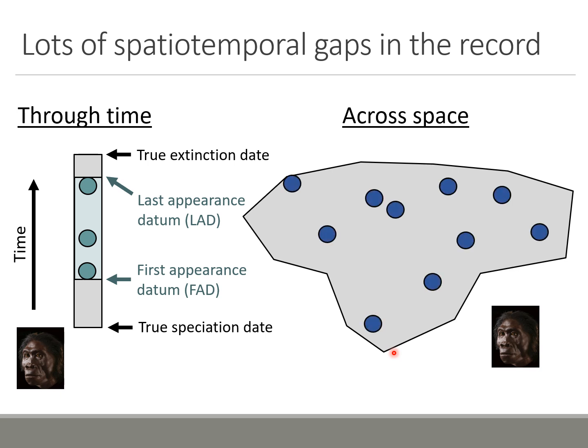But, again, the darts at the dartboard, because the fossilization and recovery process is not 100%, we only have smatterings of individuals at certain areas who get preserved as fossils and recovered, such that the observed geographic range is always smaller than the true geographic range. Okay, this is one of the big ways the incompleteness of the fossil record influences the temporal range and the geographic range of these hominin species.